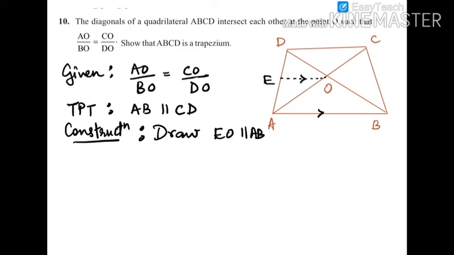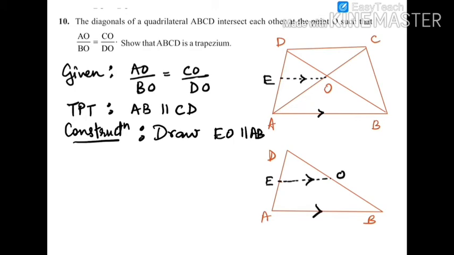So we can use basic proportionality theorem in triangle ADB, in which sides DA and DB are cut by line EO that is parallel to AB.